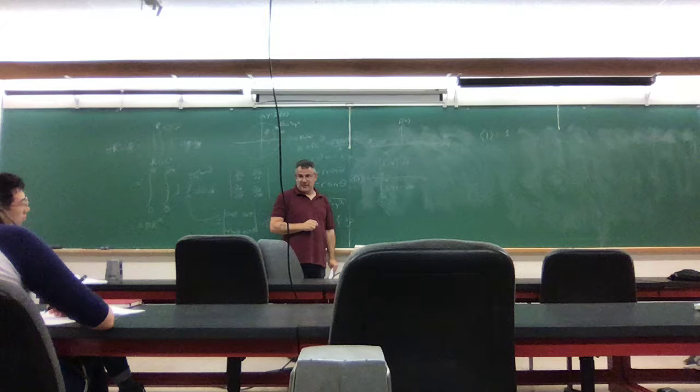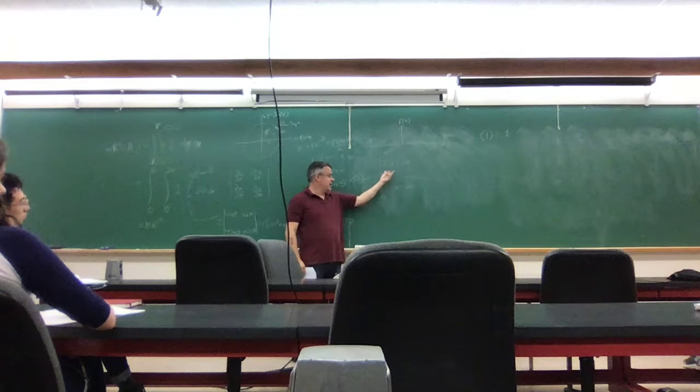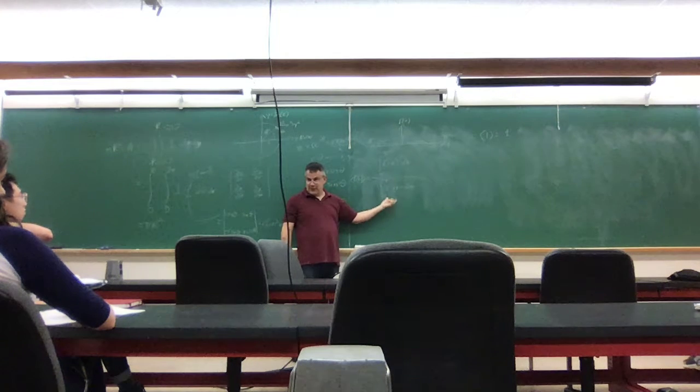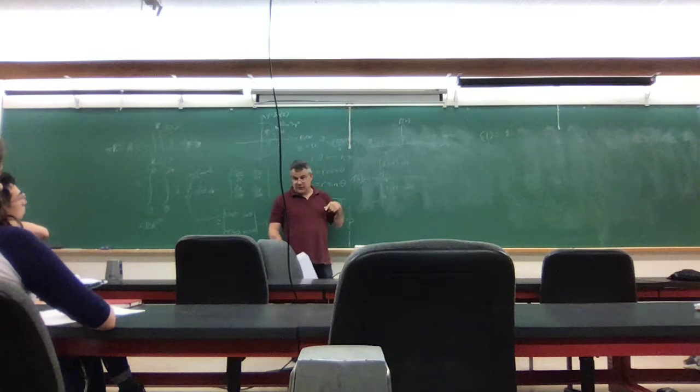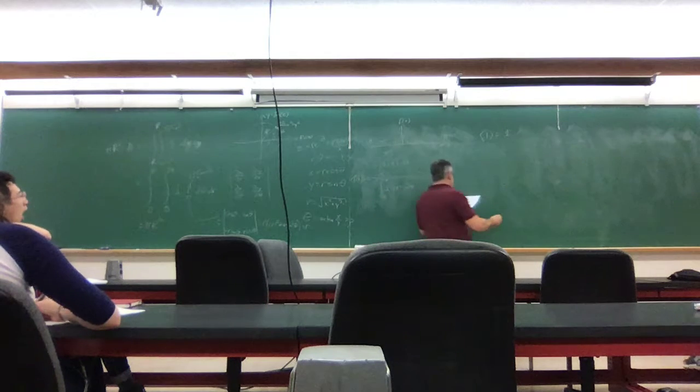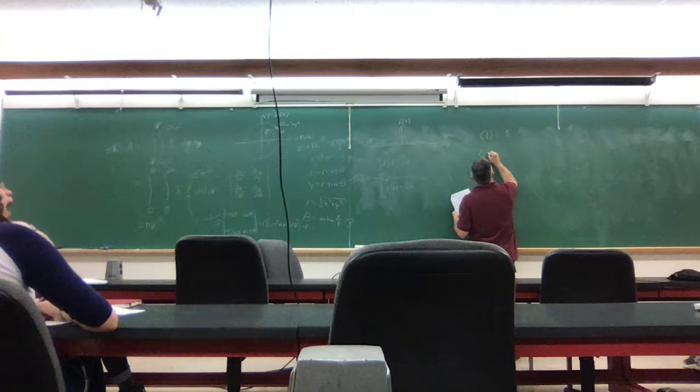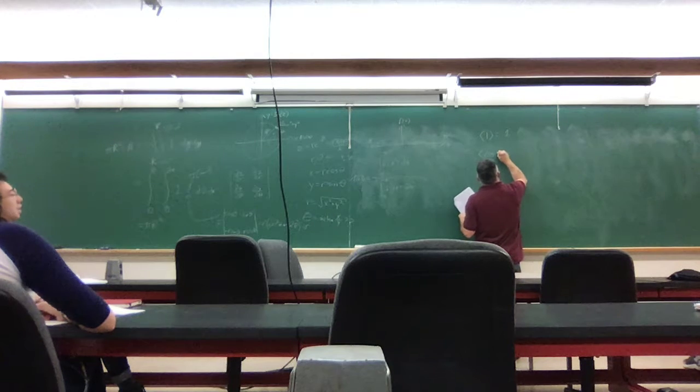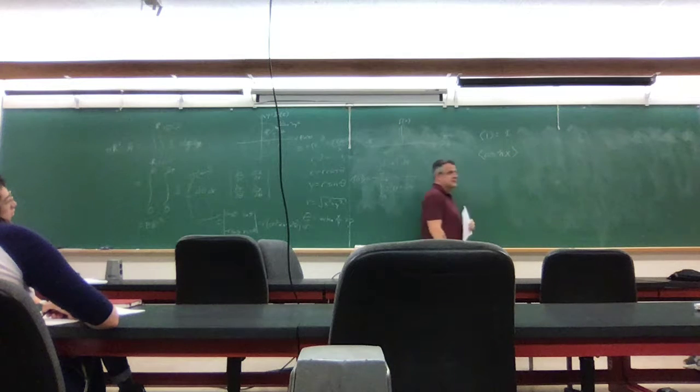Everybody got what I mean by that? So if I plugged in 1 up here and I had 1 down there, I would get 2 pi over 2 pi, I'd get 1. What's the average of cosine of any integer times x?